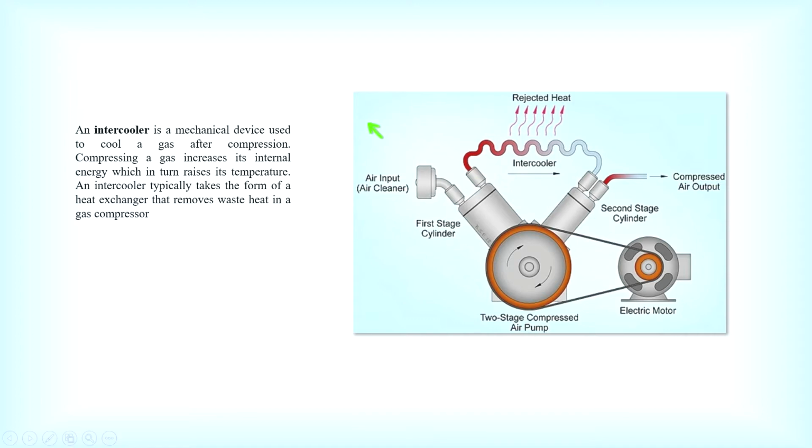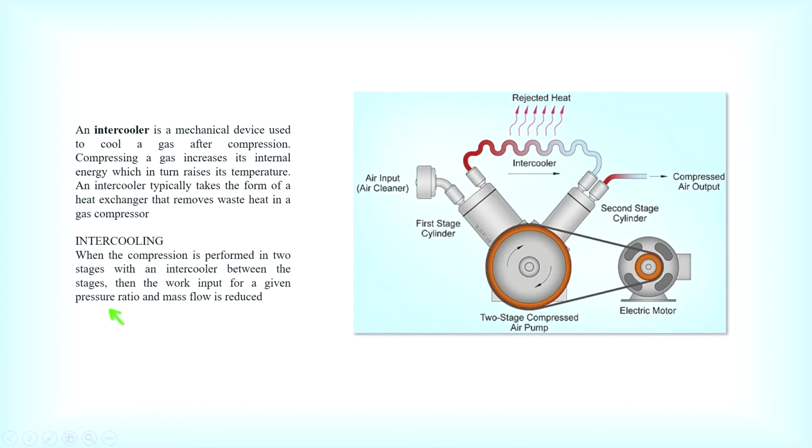That means the energy which cannot be converted to useful work. Okay, so intercooling: when the compression is performed in two stages with an intercooler between the stages, then the work input for a given pressure ratio and mass flow is reduced. So remember that.